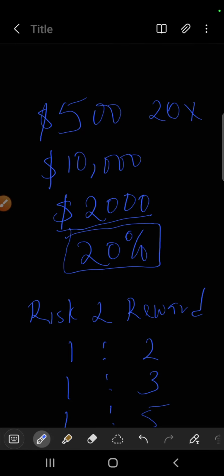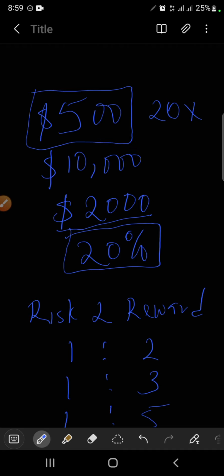So let's take an example of a $500 capital. You have $500 capital, and you're using 20x. That simply means your borrowed amount will be this $10,000. Out of the $10,000, that's your leverage plus your capital, you're going to be risking just 20%.